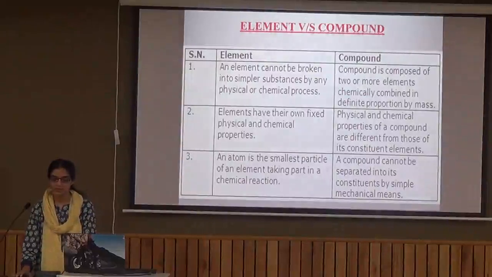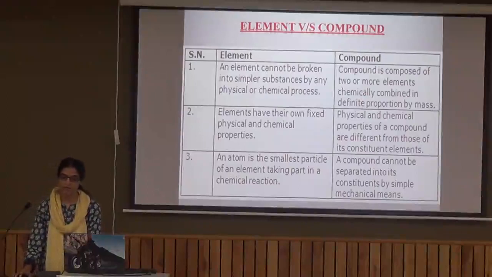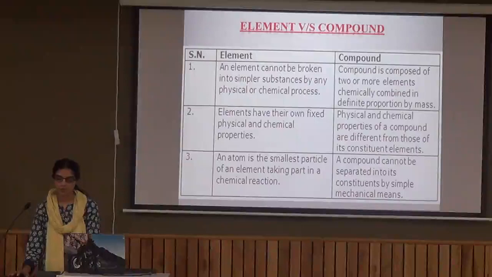Then this is the differentiating table between element and compound, how we can differentiate pure substances in terms of elements and compounds. Like we talked of element having similar particles, similar atoms. When we talk of compounds, they will have atoms of more than one type, hence they can have two or more elements which are mixed together in definite proportion by mass.